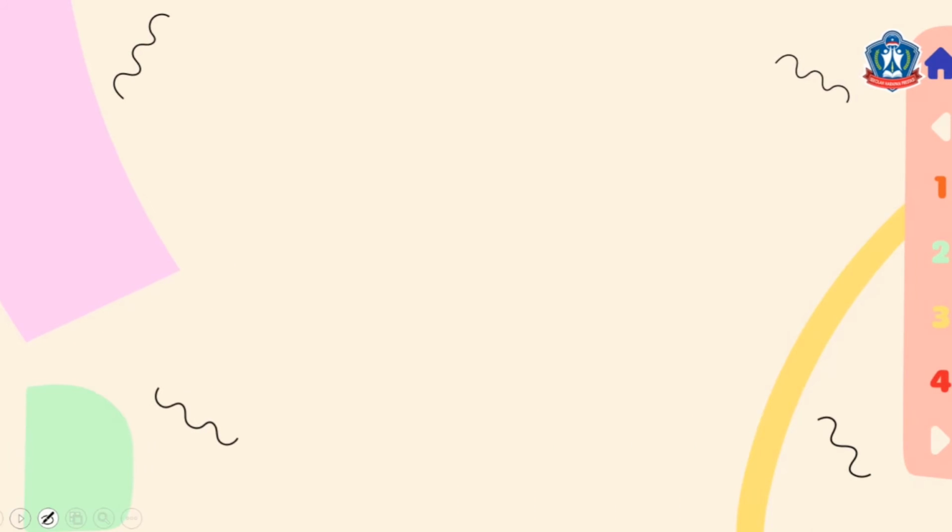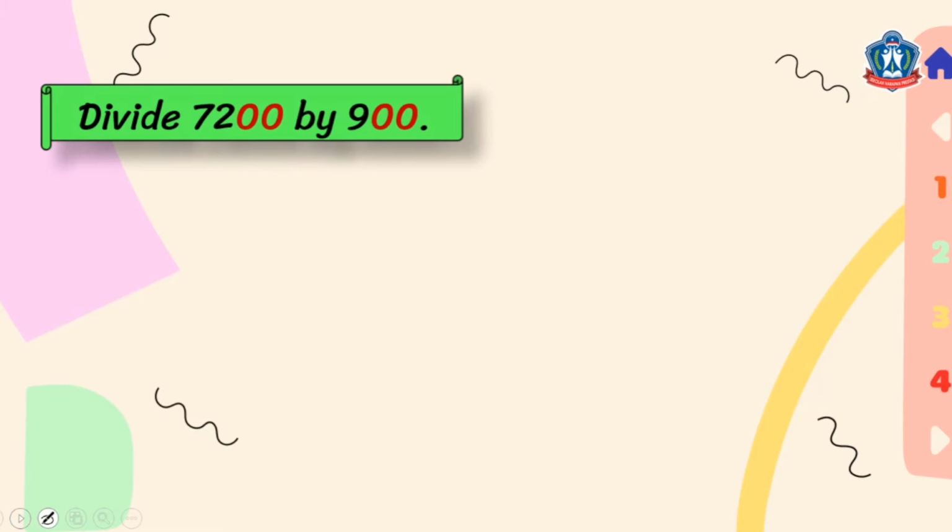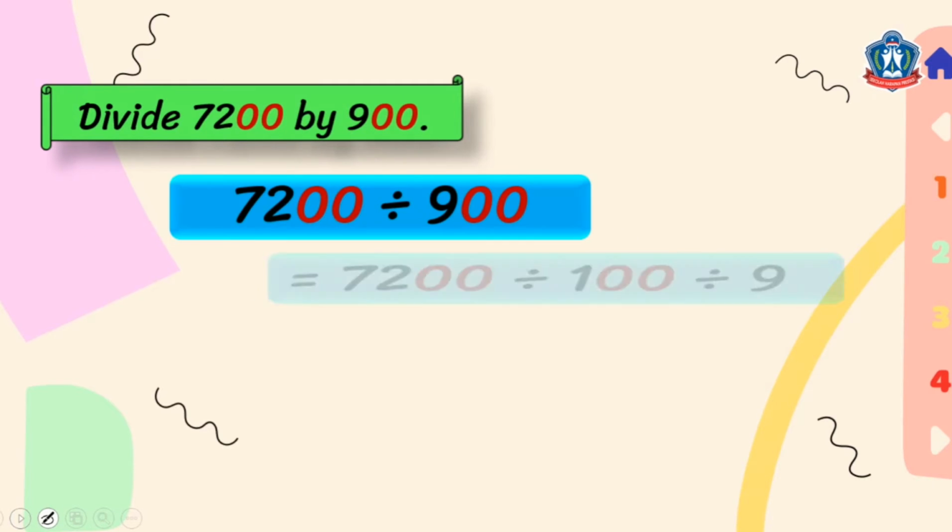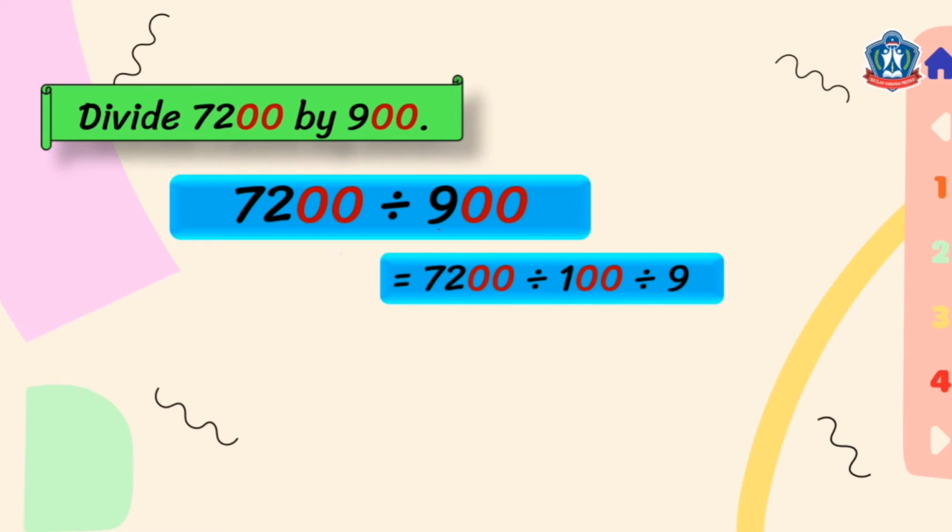Another, how about this kind of problem? Divide 7,200 by 900. Our 900, children, can be broken into 100 and 9 because 100 times 9 is 900. So we divide first 7,200 by 100. Take a look at the zeros.